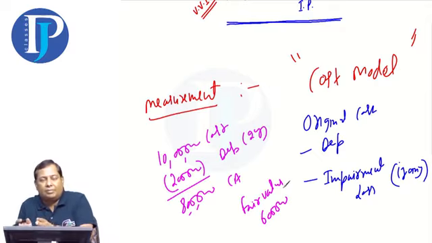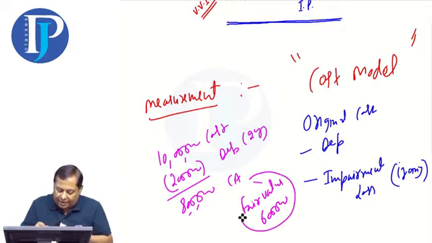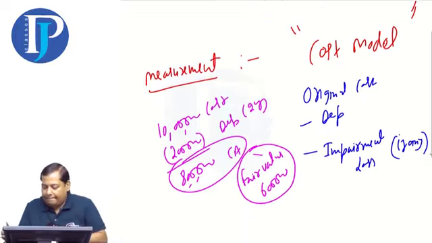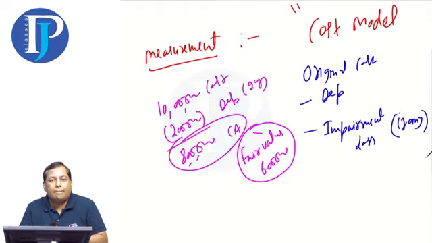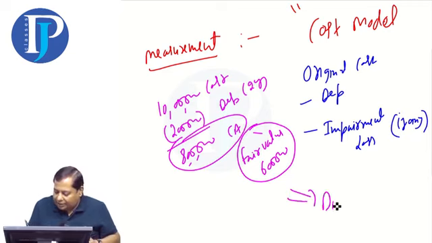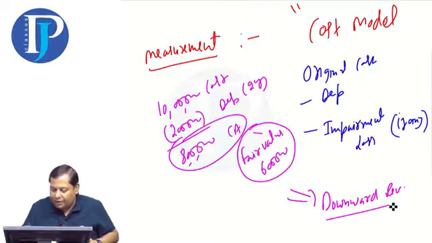And we know that Ind AS 40 states that if the market value of the asset is lower than the carrying amount of the asset, we call this downward revaluation.